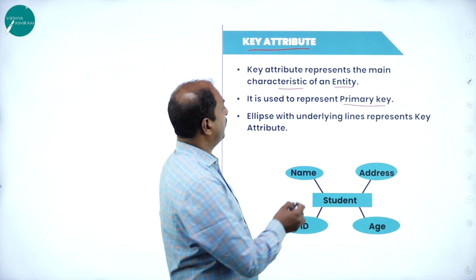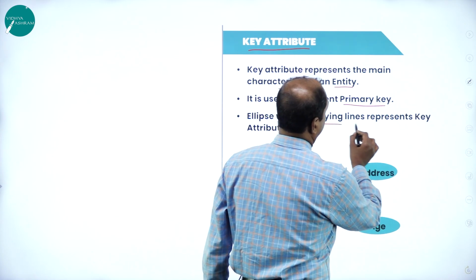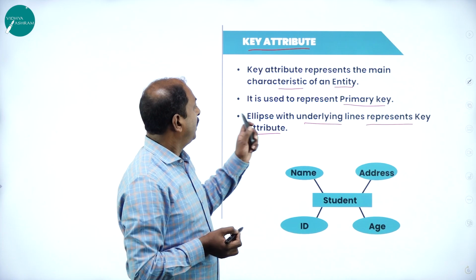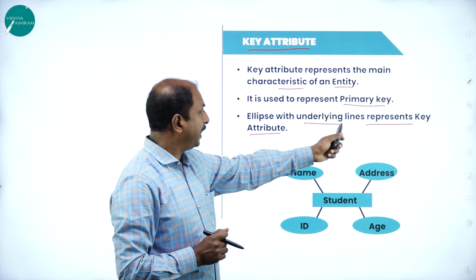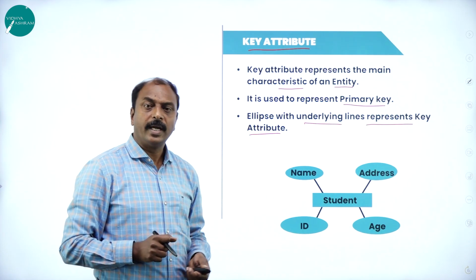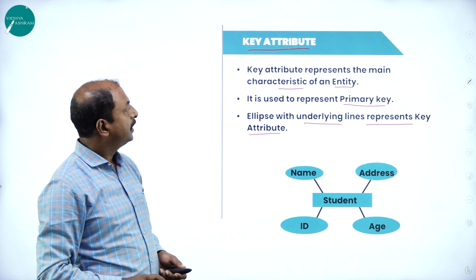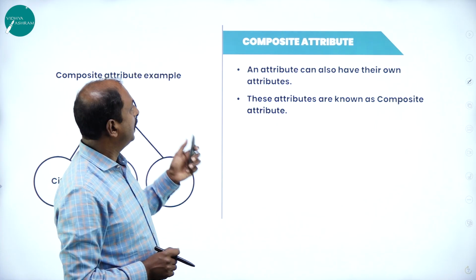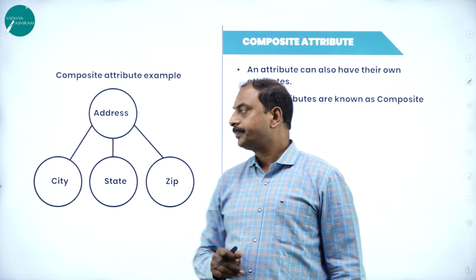An ellipse with underlined text represents the key attribute. So this is a key attribute which represents the main characteristics of an employee. Now let us move on to the next slide.